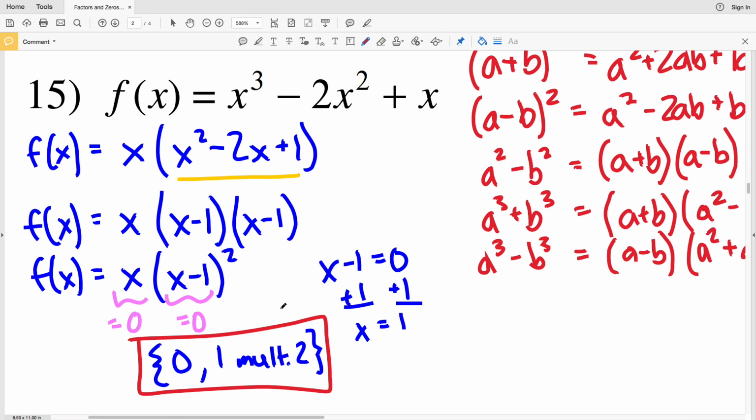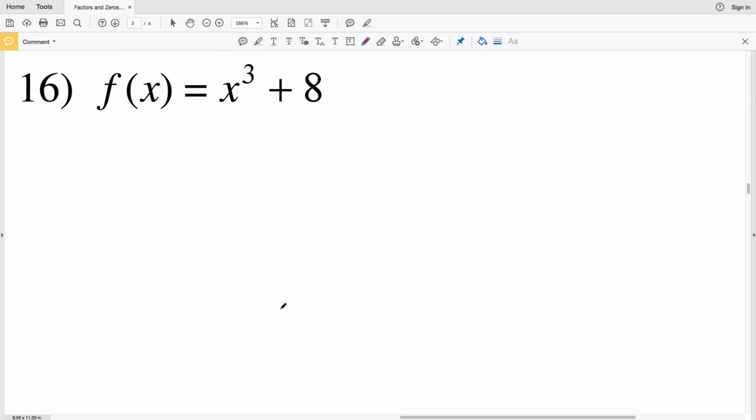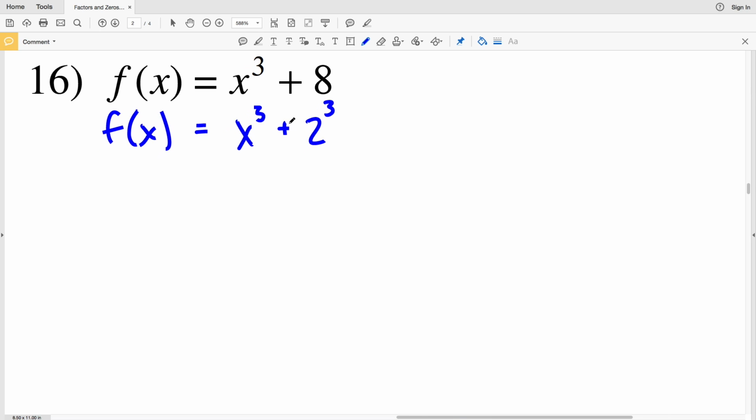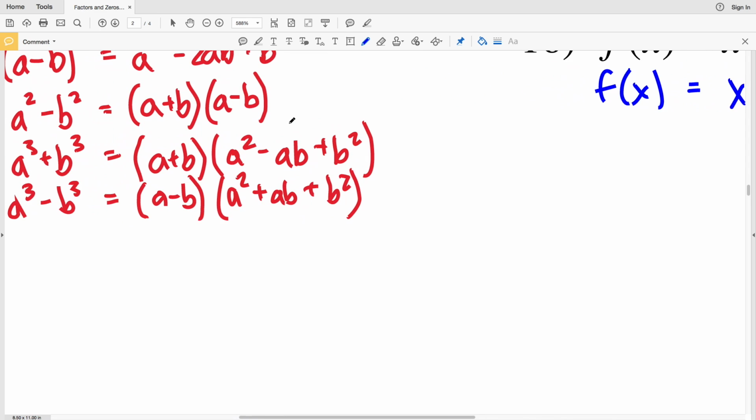Let's continue on to number 16. In number 16, I'm going to rewrite x cubed plus 8 as f of x equals x cubed plus 2 cubed. That way, it will look like one of my formulas.